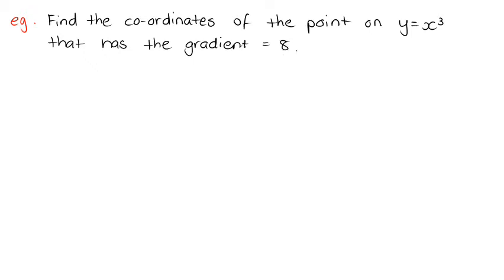What do you know about the gradient of a point on a curve? Exactly, it's the same as the derivative. So find the derivative of the function, which is x cubed, and it'll be the same as the gradient 8.